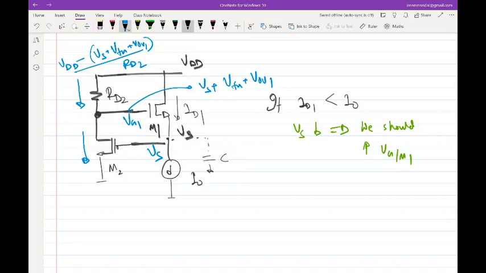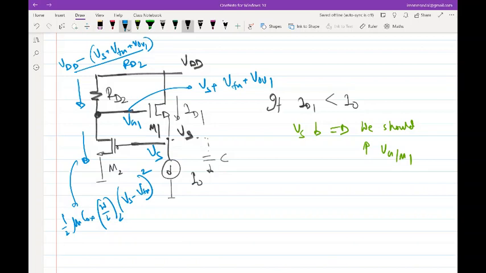This will be equal to the current through M2, and the current through M2 is half mu n Cox. Once you equate this, you know the value of Vs. If you know the value of Vs, then you know the value of Vg1. And once you know these two constants, you know whether the transistors are in saturation or not.